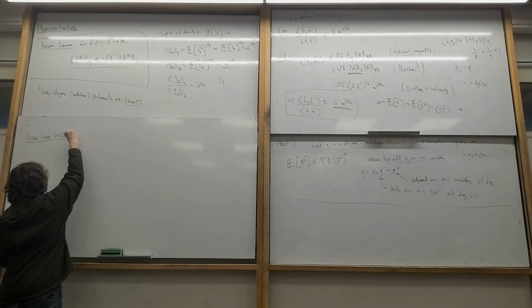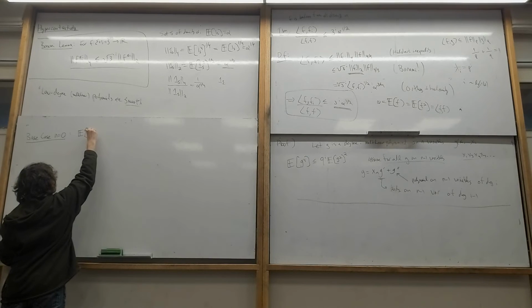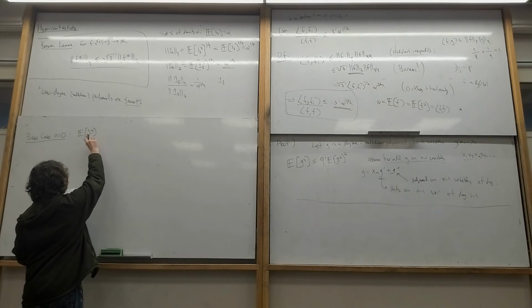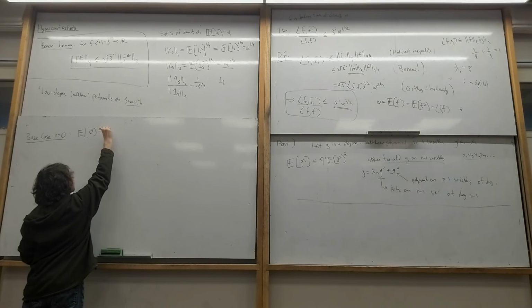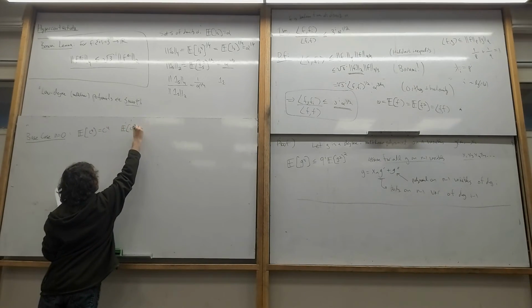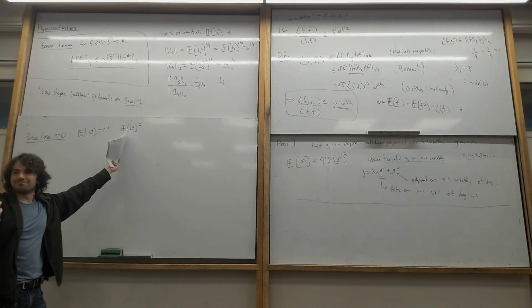Then what do we have? What's the expectation of a constant to the fourth? Yeah, it's still the constant. It has no dependence. It's a sort of stupid way to write it. This is c to the fourth. Expectation of c squared, I mean, it's a constant, right?